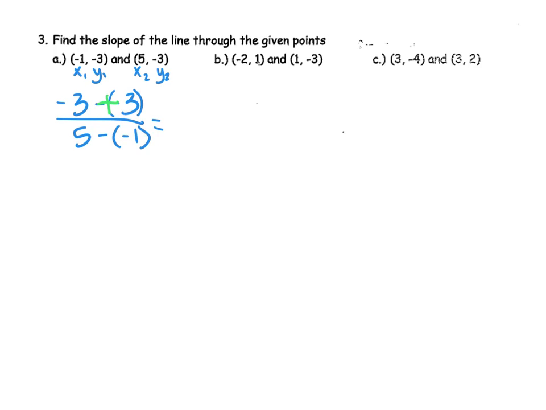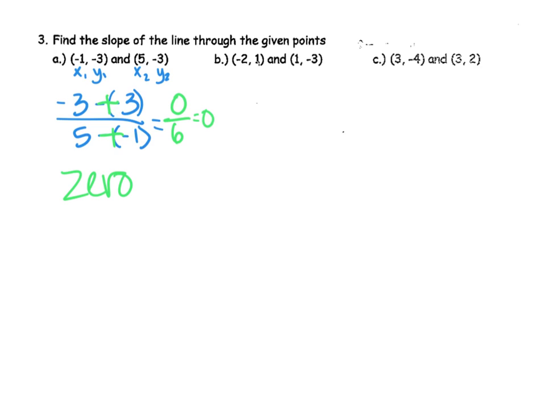Negative 3 plus 3, 0, right? 5 plus 1, 6. Ooh, when 0 is on the numerator, it is a 0 slope. That's A. Let's do B.